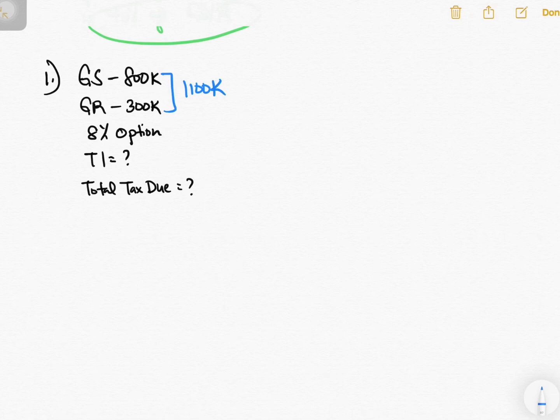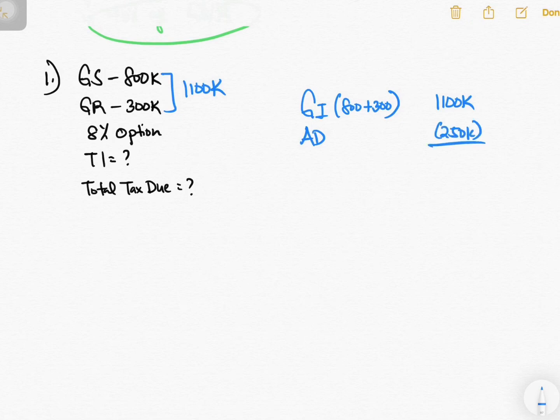Okay, so let's compute. Let's set the model. Gross income. Your gross income here is 800 plus 300. So, it's 1.1 million. And then for the allowable deduction, assuming purely business income earner, minus 250,000, giving you a taxable income of 850,000.